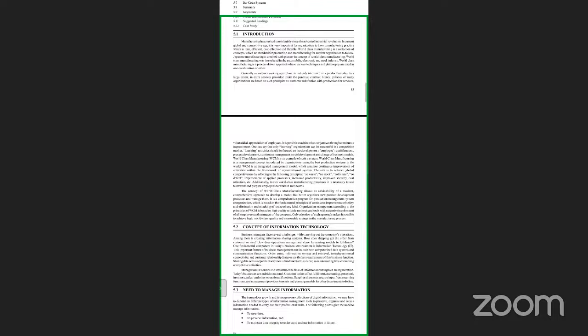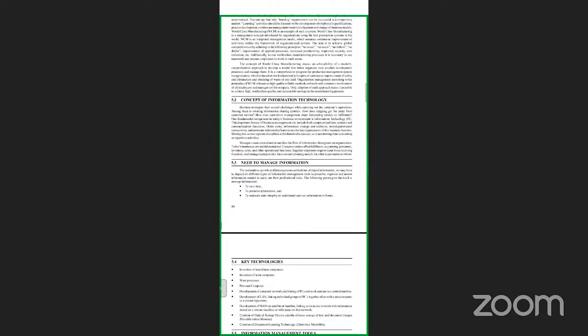Why? Because it is a very important key feature in business management, as it includes both computerized data systems as well as communication functions. So, in order to succeed and have world class manufacturing in any organization, information technology should have set standards in the organization.